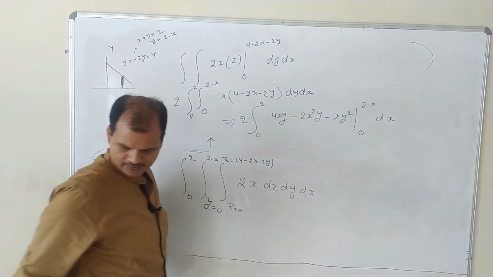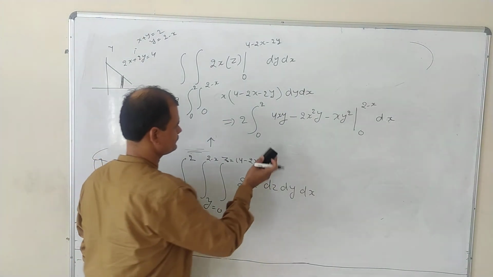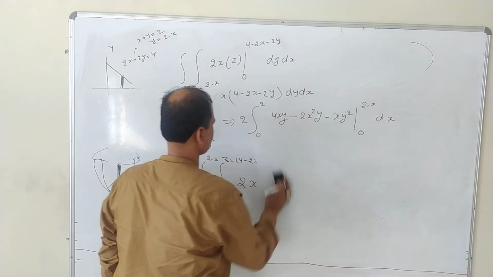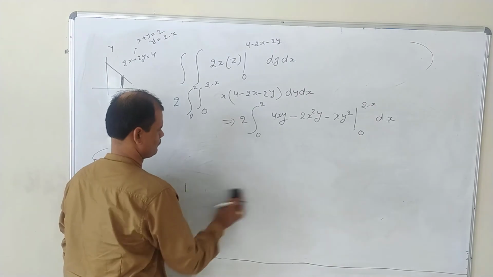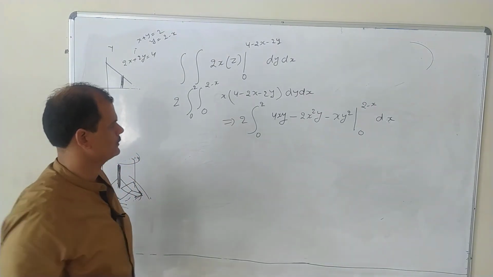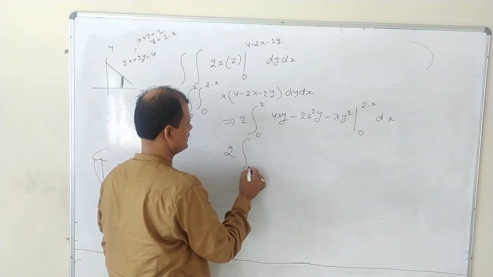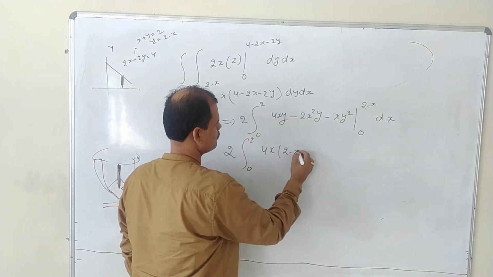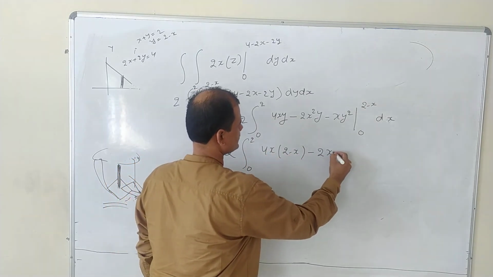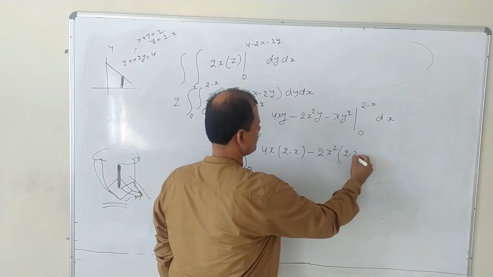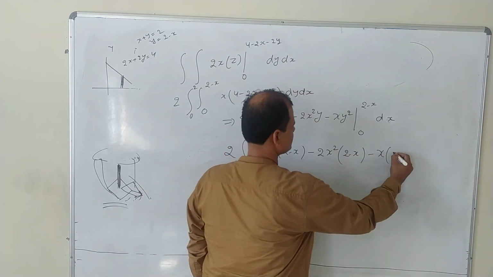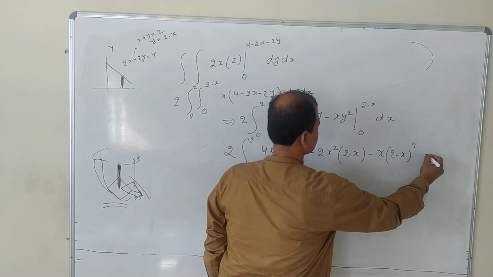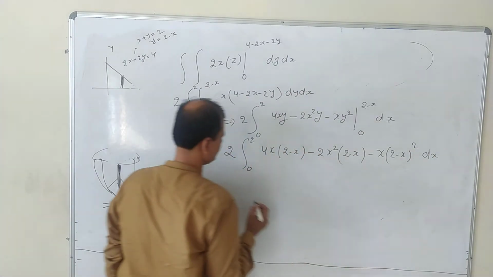This is fine? Yes. So 2 into, let us have the limits 0 to 2, so 4x (2 minus x) minus 2x square (2 minus x) minus x (2 minus x) whole square dx, fine.